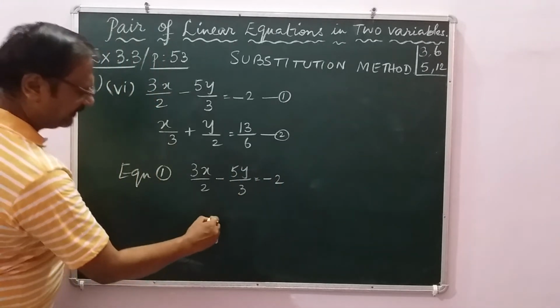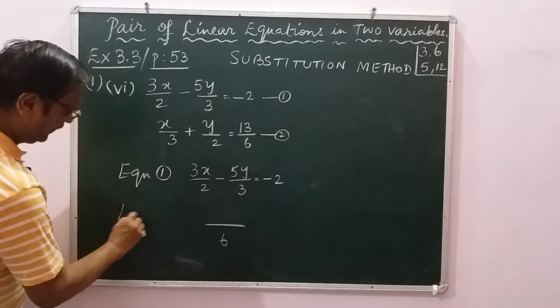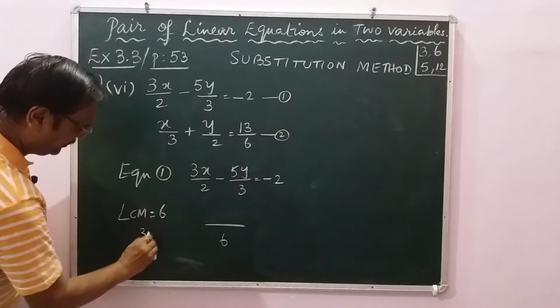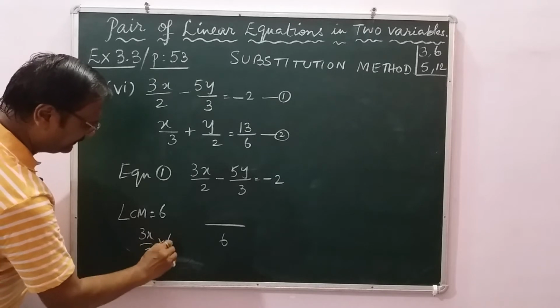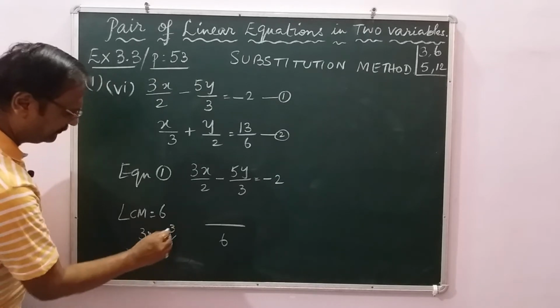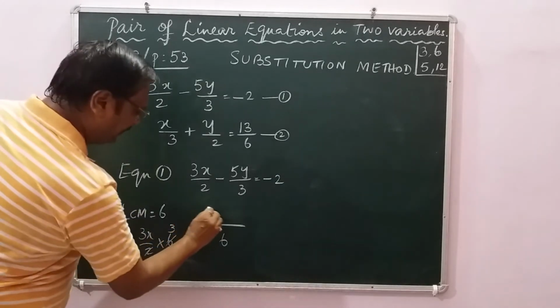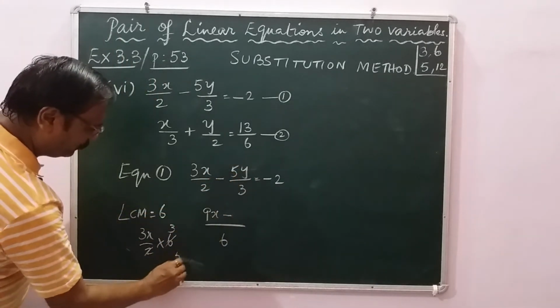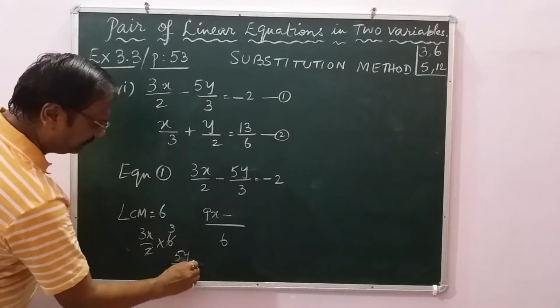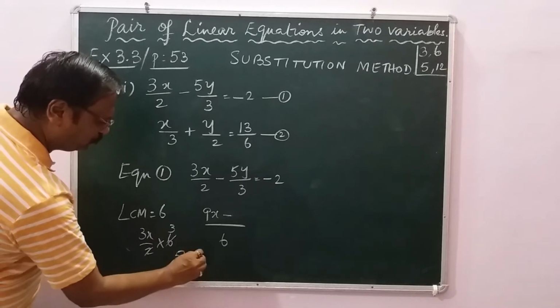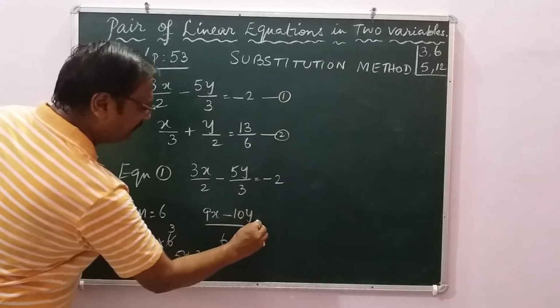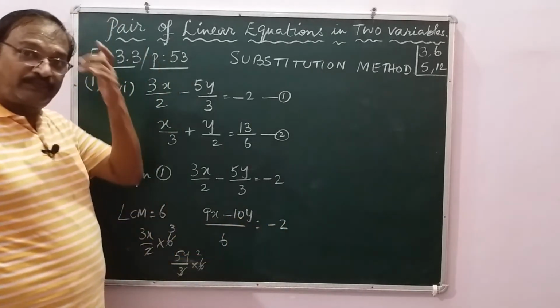2 3s are 6. So the LCM is 6. Take the first term, 3x by 2, multiply by 6. So this and this goes 3 times. 3 3s are 9, so 9x minus. Take the next term, 5y upon 3, multiply by the LCM. It goes 2 times. 5 2s are 10, y is equal to minus 2.